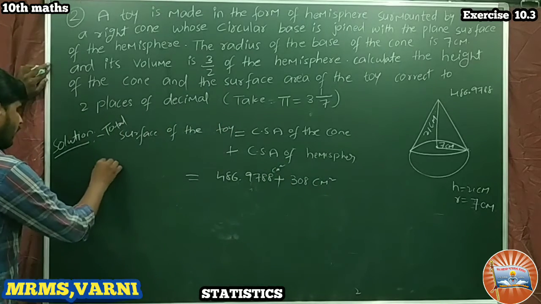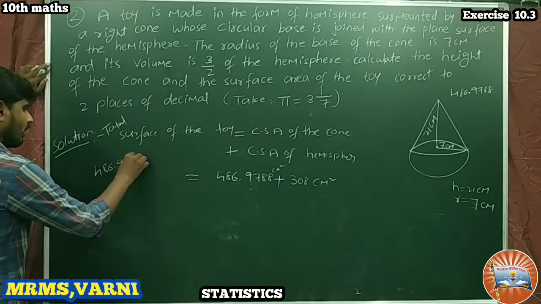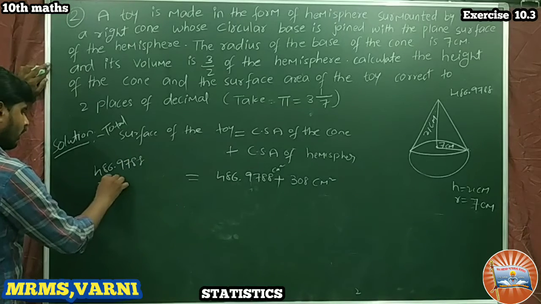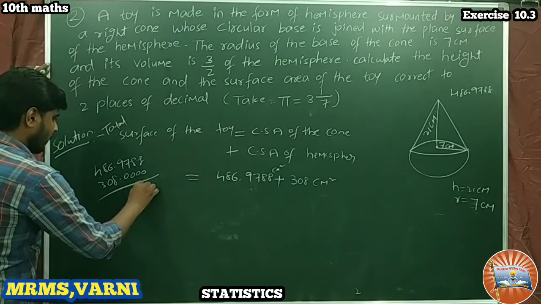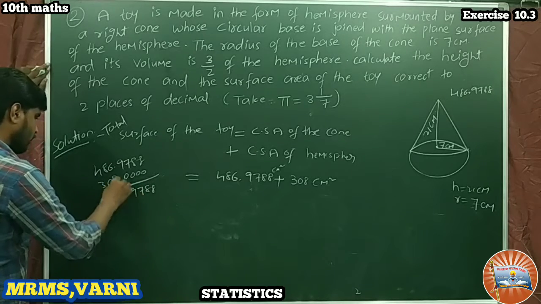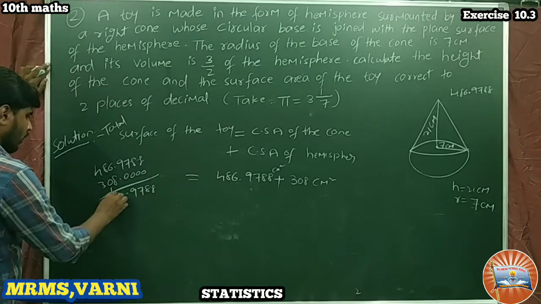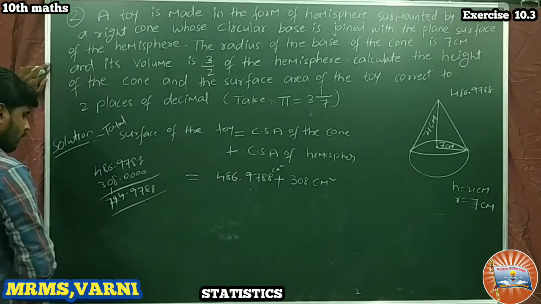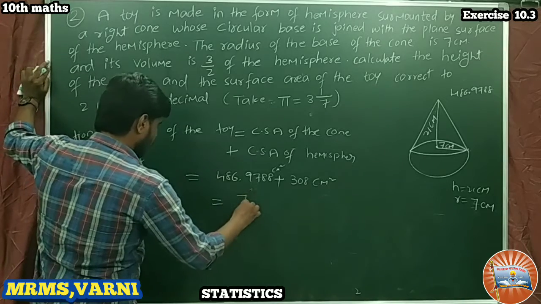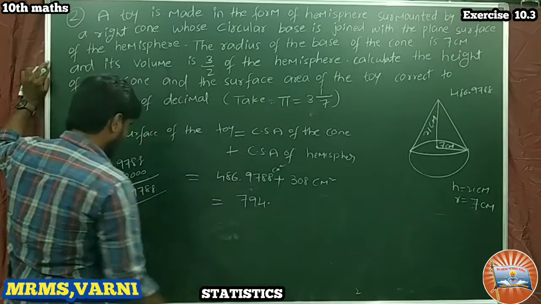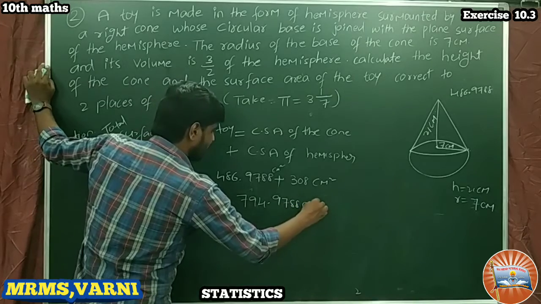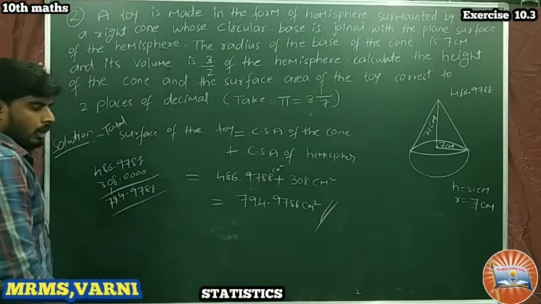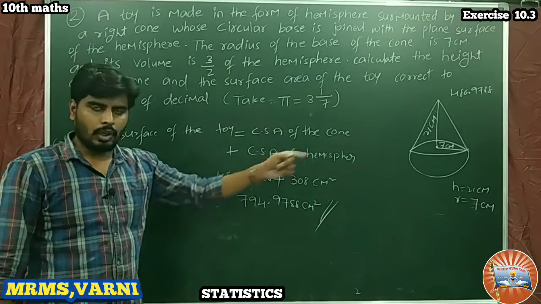So 486.9788 and 308.0000. 9788 as it is, plus 14, 1 here, 9, 7. 794.9788 centimeter square is the total surface area of the toy.